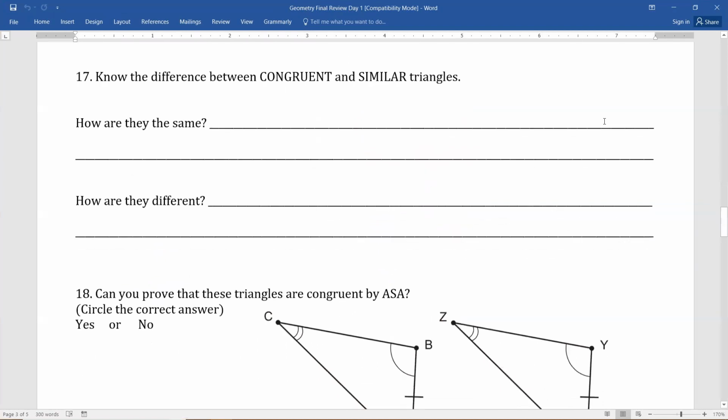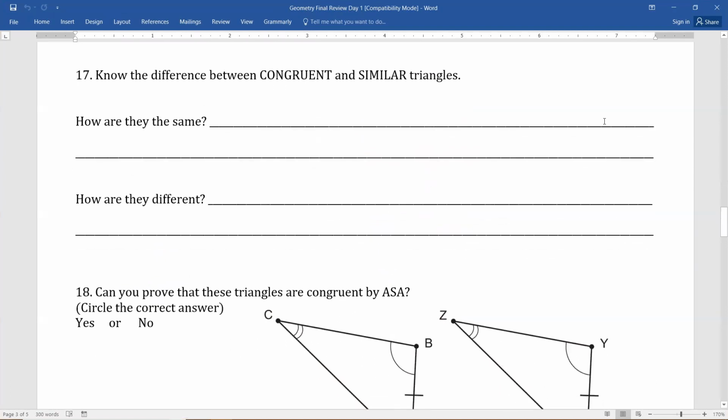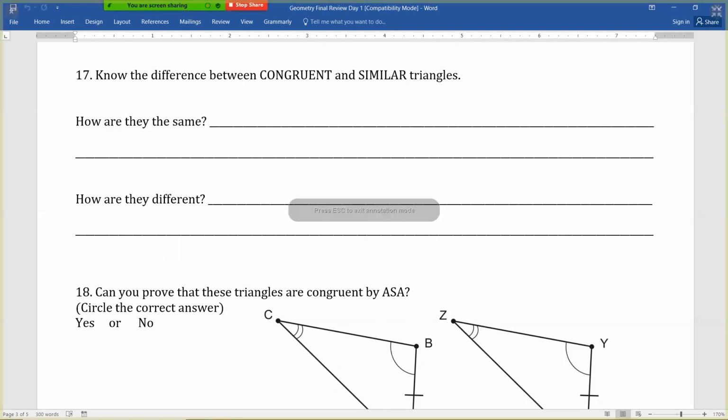Moving to question 17, you need to know the difference between congruent and similar triangles. How are they the same and how are they different? So congruent and similar triangles are the same in that they both have congruent angles.